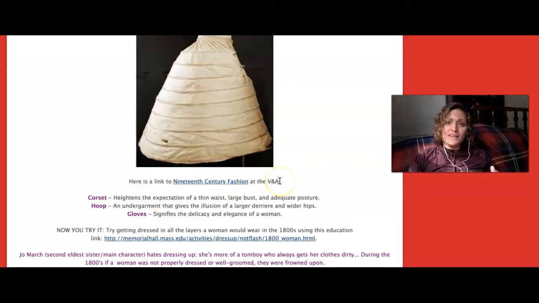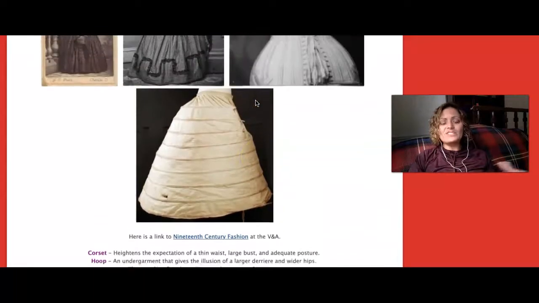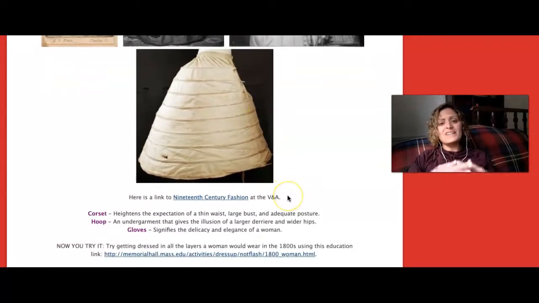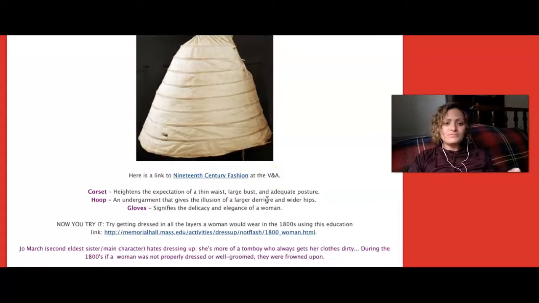Now, the site's at the V&A. That should be noted, because that's a British site rather than an American site where the book is set. So there should be a little caveat that says, you know, this link goes to a British site that has the same kind of clothing that was going to be worn in America, because this is just one of the best collections of online 19th century fashion.